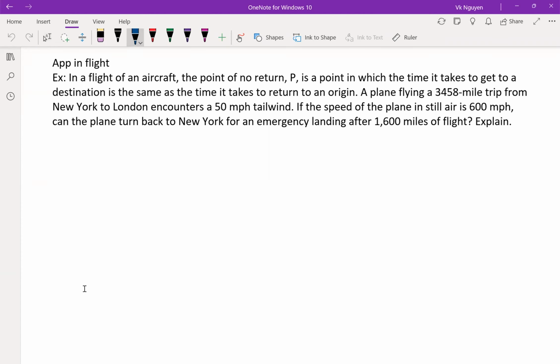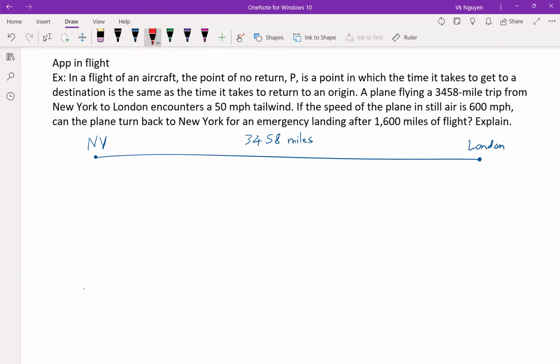Let's sketch out a picture, right? So we have the origin is New York. We fly to London. Total trip is 3458 miles. The point of no return is somewhere right here.